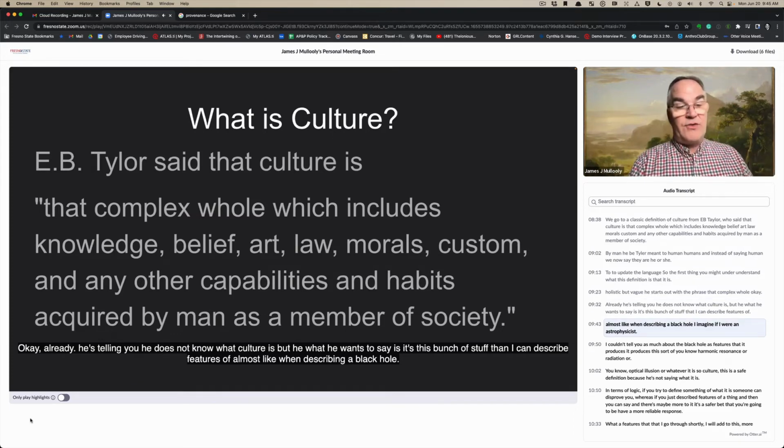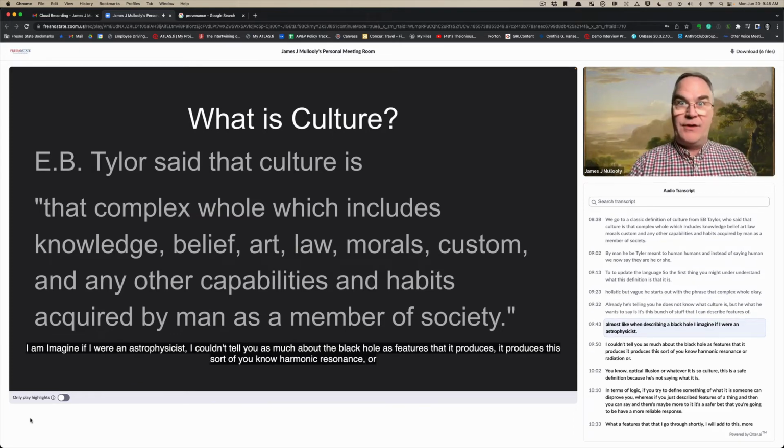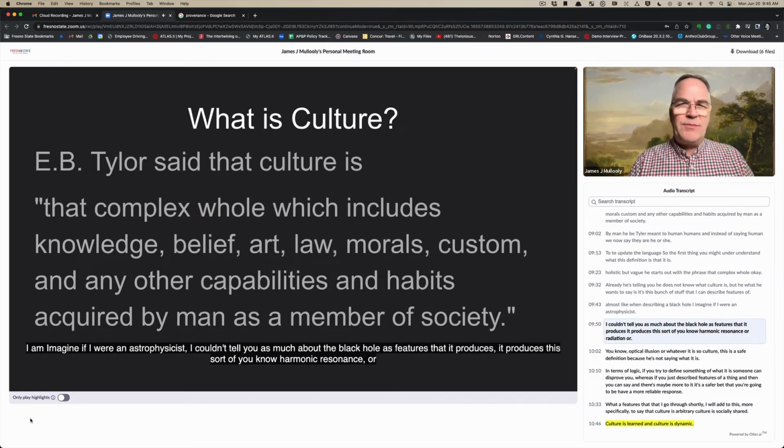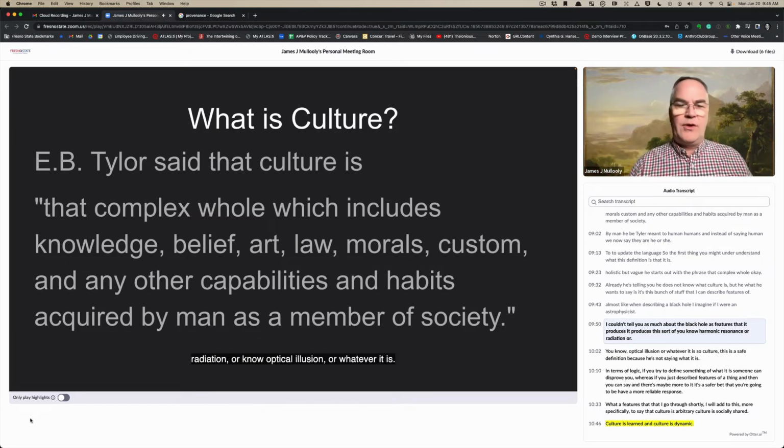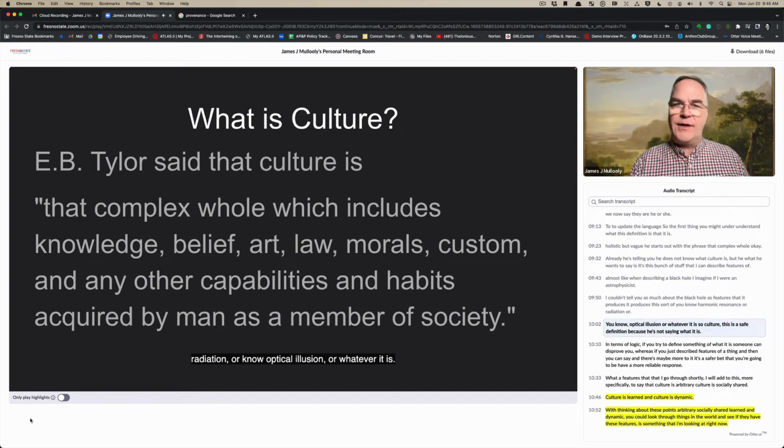Almost like when describing a black hole, I imagine. If I were an astrophysicist, I couldn't tell you as much about the black hole as features that it produces, like harmonic resonance or radiation or optical illusion.